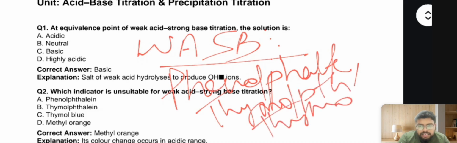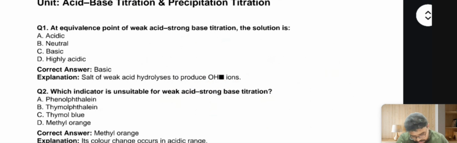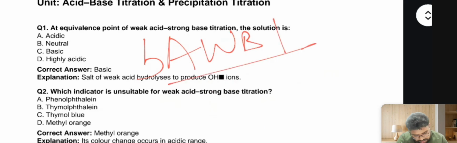These are mainly used for weak acid strong base titration, and the other one is strong acid weak base titration.